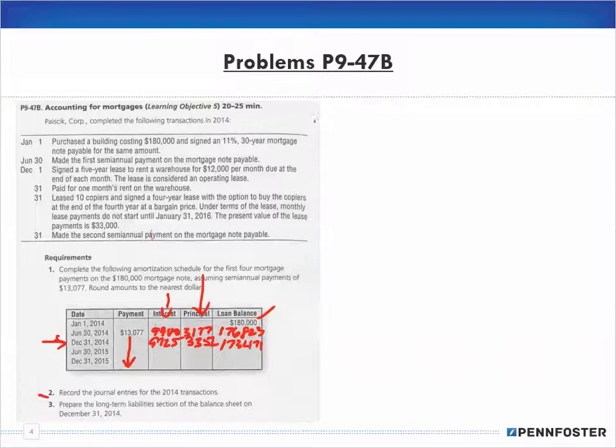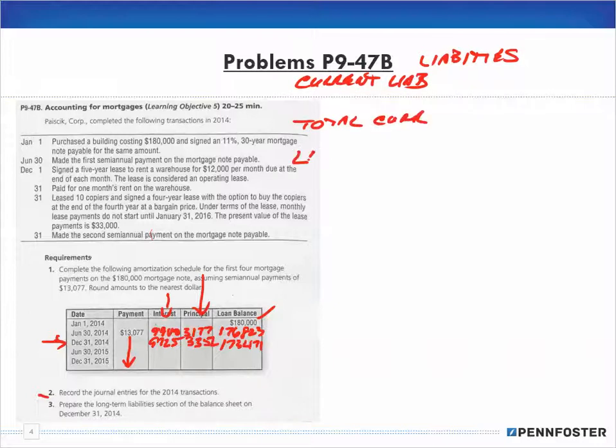The structure of the balance sheet will have your heading liabilities, then you're going to have your current liabilities here, and whatever your total current is. And then you're going to have long-term liabilities. And under the long-term liabilities, what do we have? We had the mortgage payable.